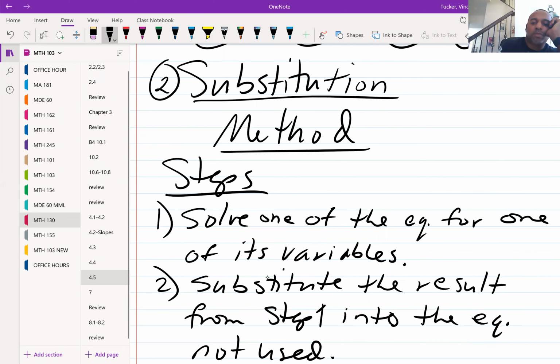Next step, we're going to substitute the result from step 1 into the equation not used. And I'm going to show you each process step by step. Right now, we're just writing it down.